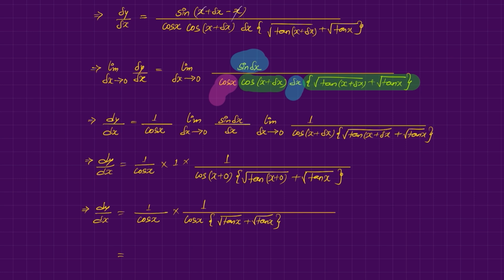So this equals 1 by cos square x. Now root over tan x plus root over tan x is 2 root over tan x. Cos x is the inverse of sec, so I can write sec square x over 2 times root over tan x. So this is my answer for this question.